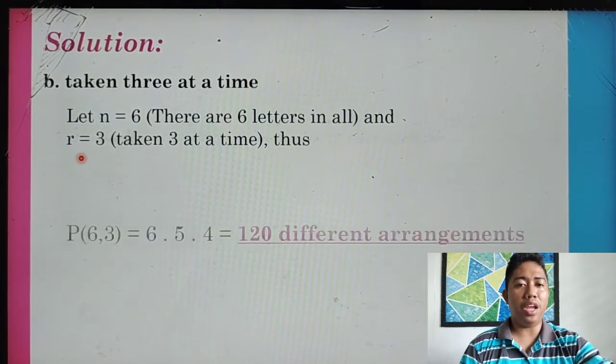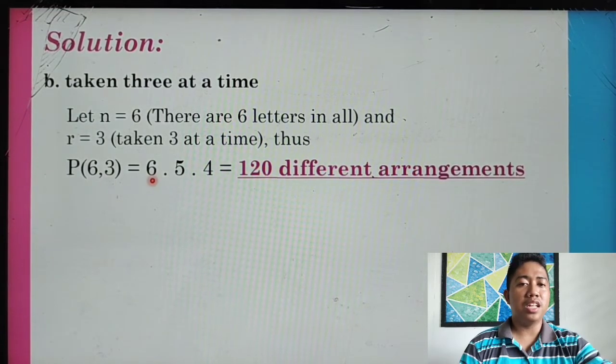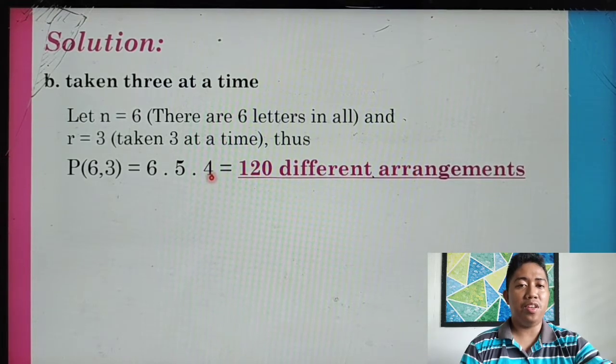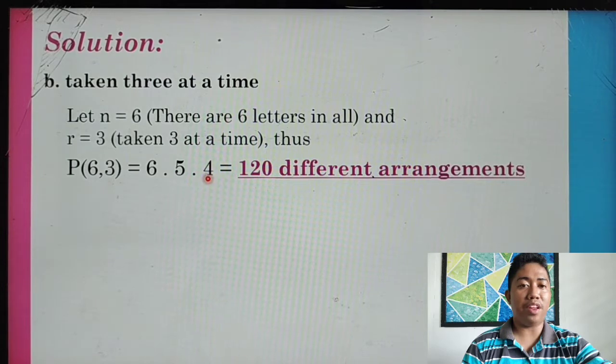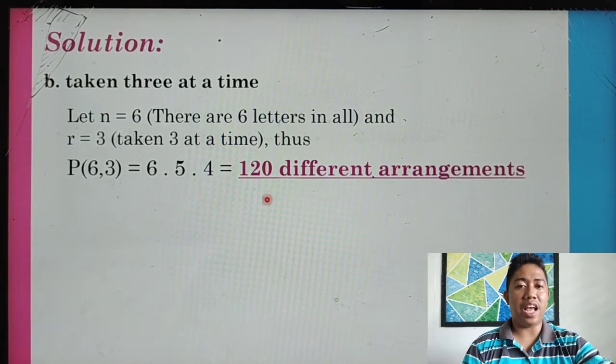We express it as the permutation of 6 taken 3, which is equal to, starting from the largest value 6, times 5 times 4, decreasing by 1 every factor. So 6 times 5 equals 30, times 4 is equal to 120. So there are 120 different arrangements of 3 letters in the word JOYFUL. That is the final answer.